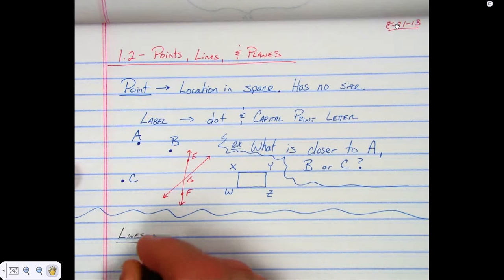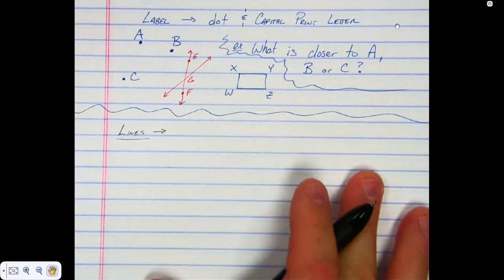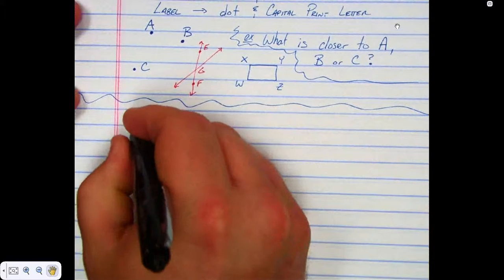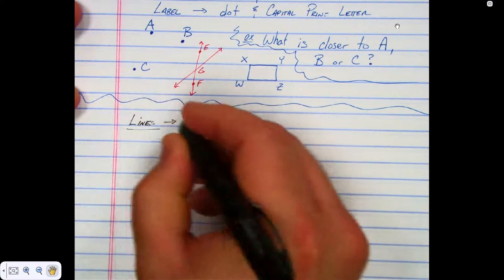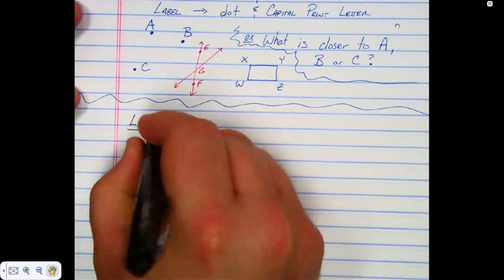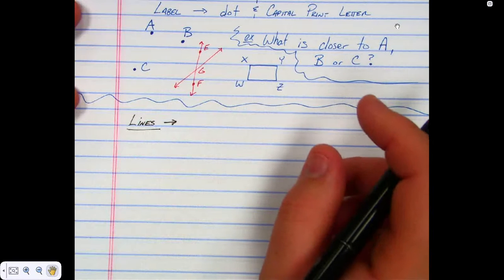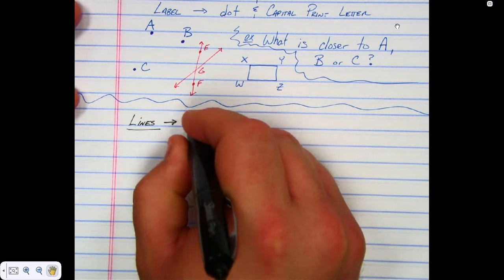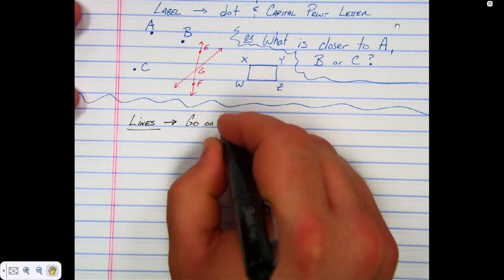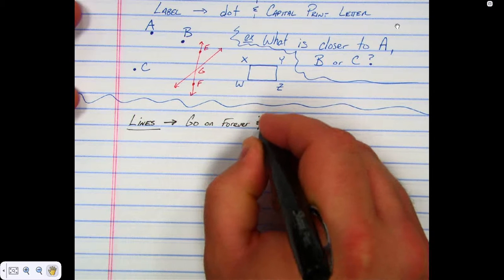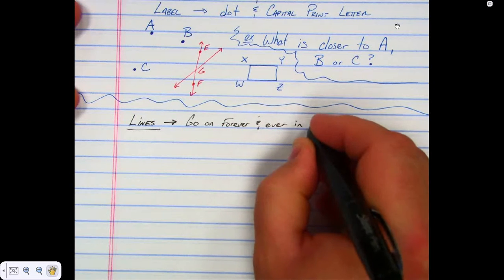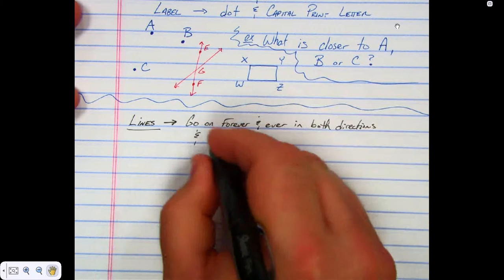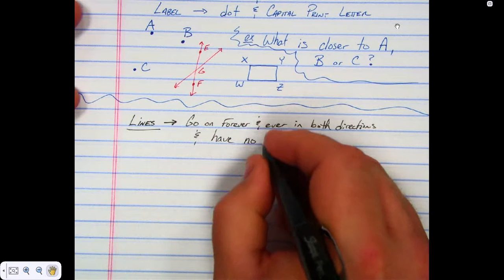Lines go on forever and ever in both directions and have no thickness.